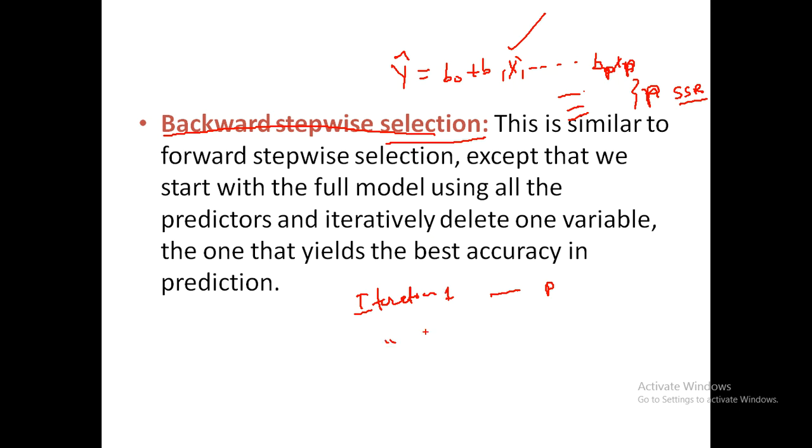In the next iteration, you construct p minus 1 number of models with all p minus 1 available features. Again you compute SSR for each model, and the model having that particular feature will be discarded.